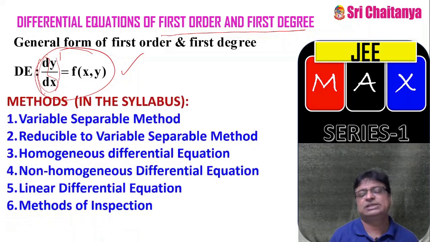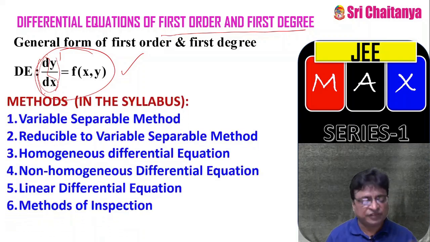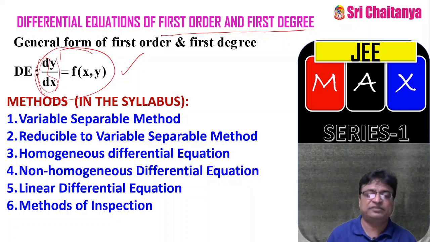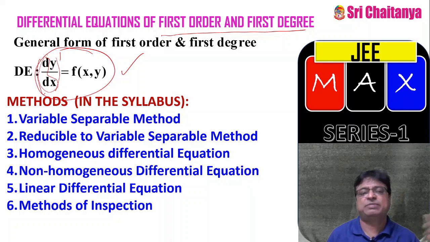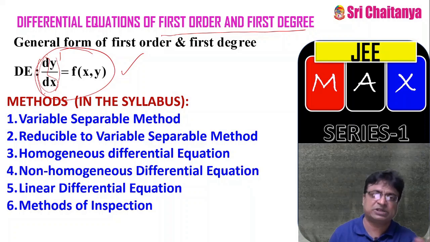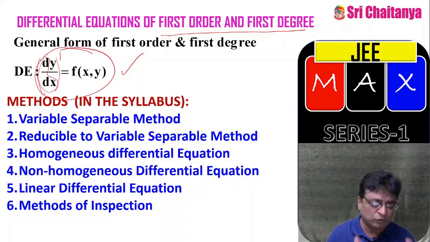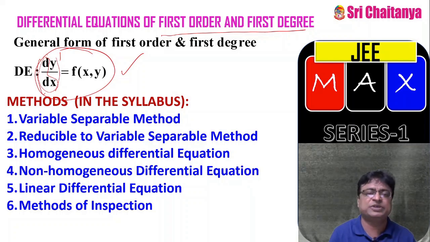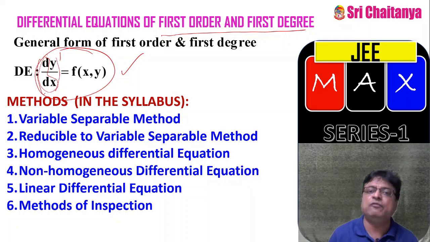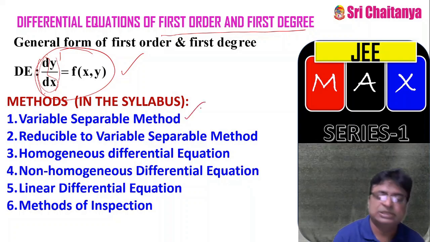For that, see the methods. These are the only 6 methods I am mentioning here, but apart from these, another 3 to 4 extra methods also exist. But we are least bothered about the other methods, because only these 6 methods and problems based on them are there in your syllabus. Of that, the first one is the variable separable method.